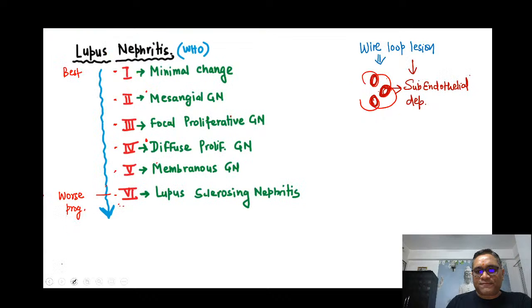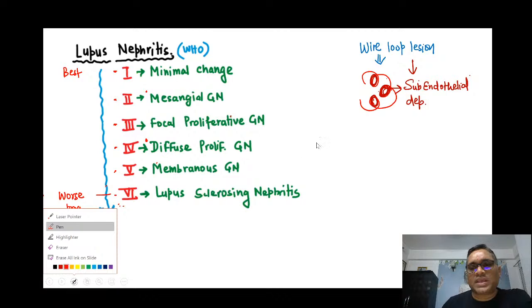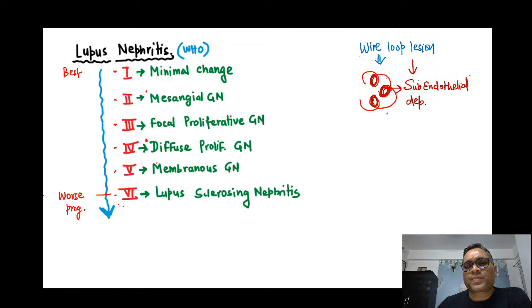So if we are talking about the wire loop lesion, where you will see it, that was an older question in the PGI exam also, right? Wire loop lesion you will find in class 3, 4 and 5.